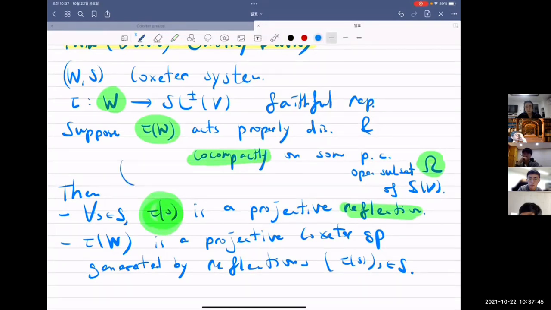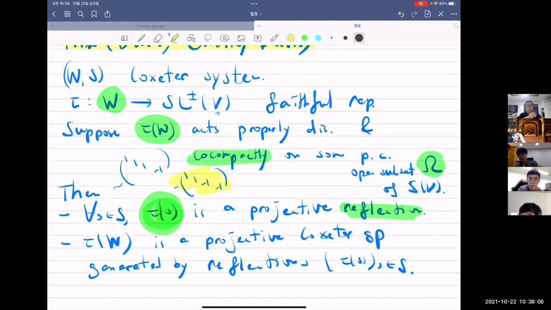For example, if V has dimension 4, it can be conjugate to diag(1, 1, 1, -1), but also to diag(1, 1, -1, -1). But this one is not a reflection. It's simply an involution.